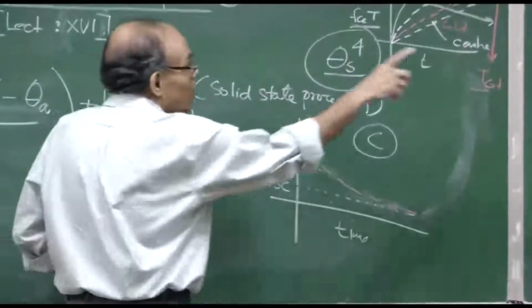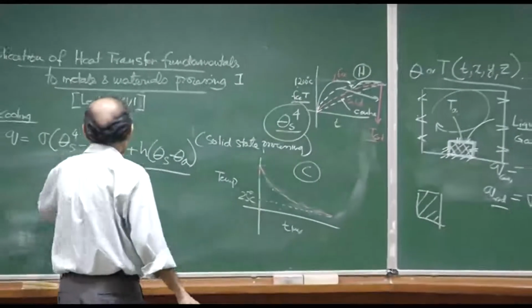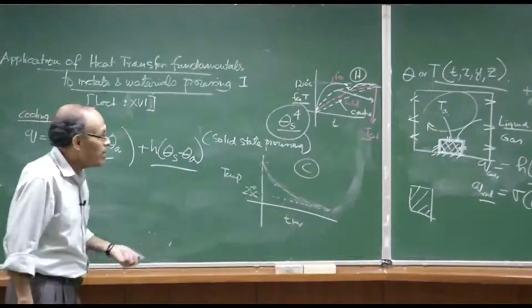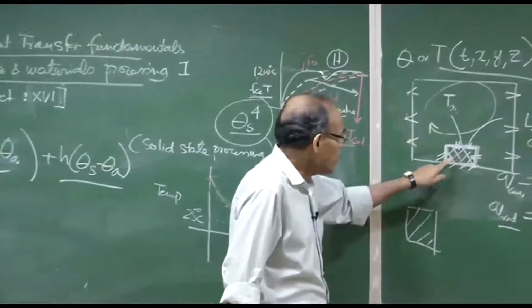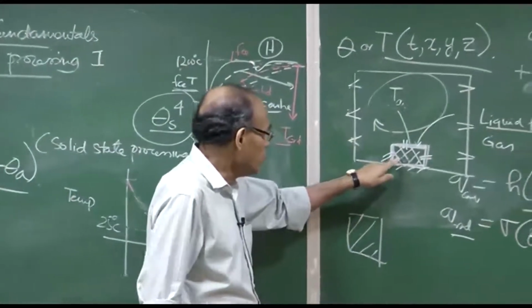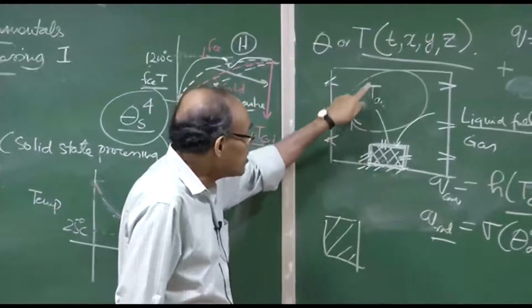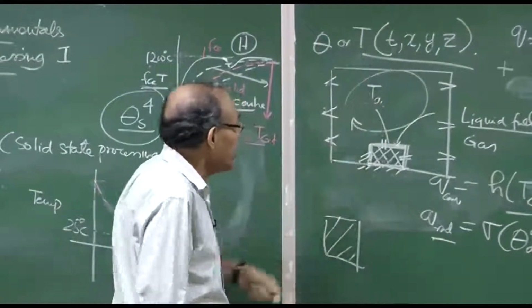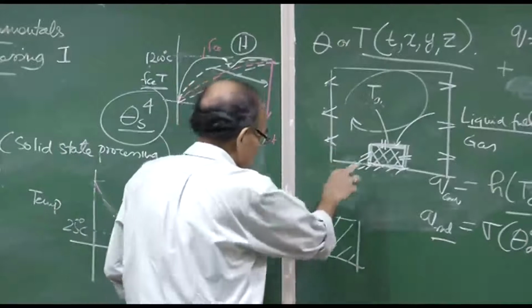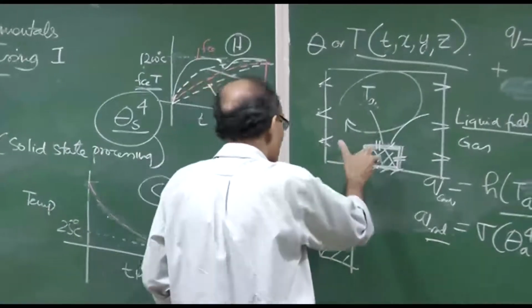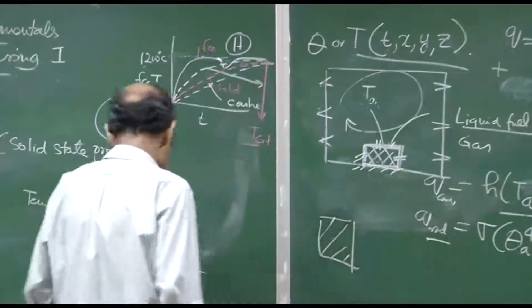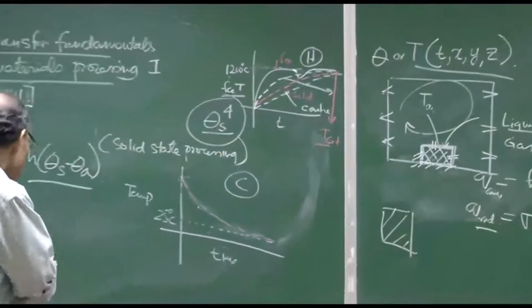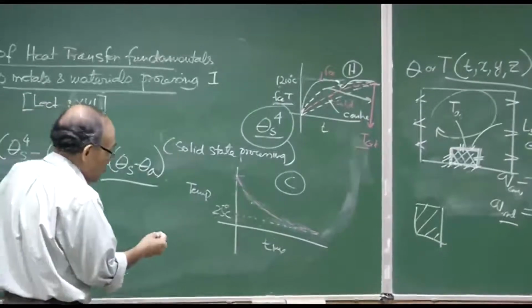If you work out the implication of the equations with regard to the boundary conditions, you must understand one point I want to make: initially, when the temperature difference is very, very large, the radiation is going to be predominant. On the other hand, when the temperature differences are very small, it is going to be the other way around.